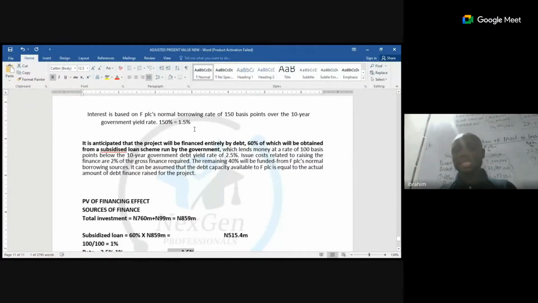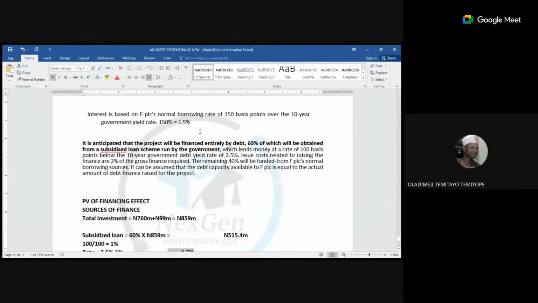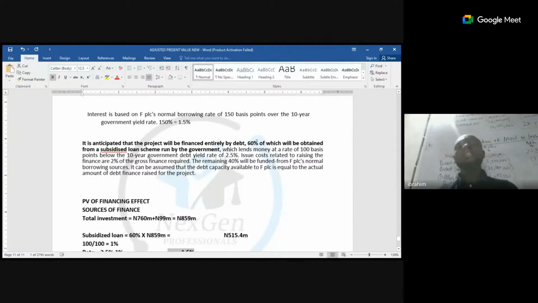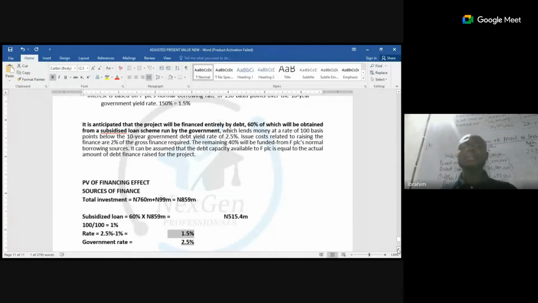Government. I thought that's the commercial. It's not a commercial rate. Commercial rate will not be government yield. Commercial rate cannot be government yield. Commercial is what the bank charges, it does not relate to government. It is what the bank is charging you. They've mentioned government yield rates.